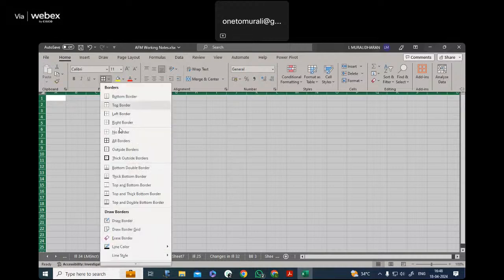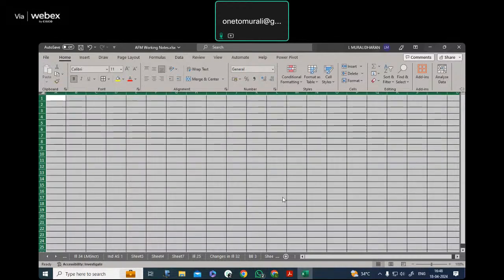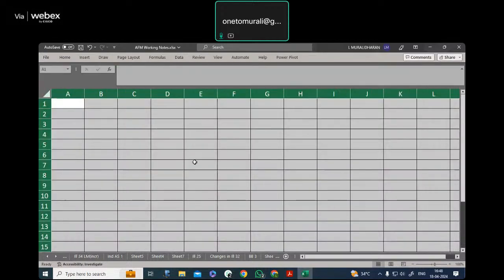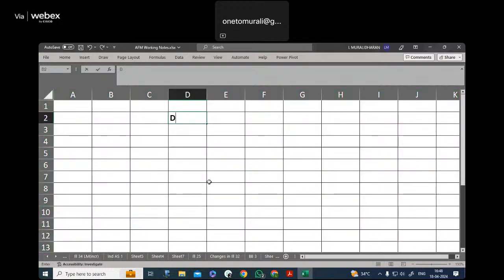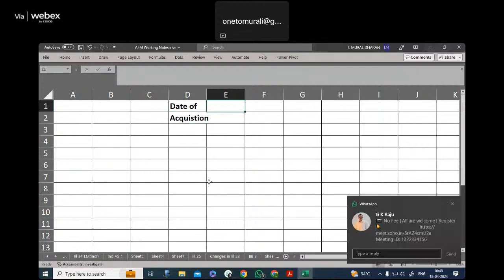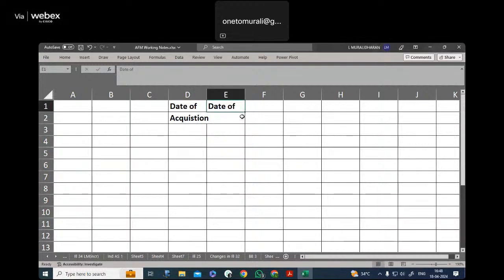So the template I wanted to do it properly here. Date of acquisition. Next one is date of consolidation.